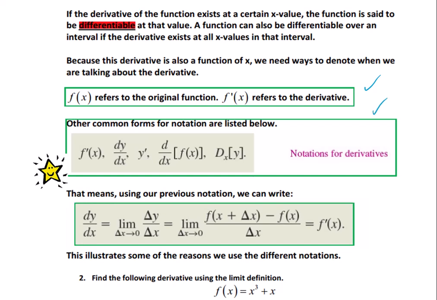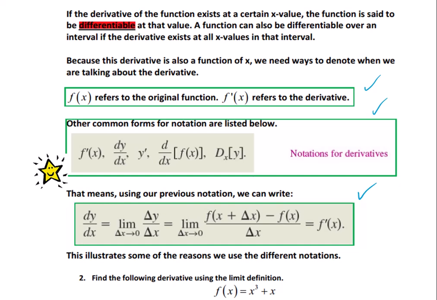Okay, check this green box out. Here's several different ways of writing the derivative. F prime of x, dy dx, y prime, and so on. You'll see any or all of those in our course as we go through it. Right now we're using f prime, but we'll use the others. So just be ready. And then down here in this green box, all of those things mean the same.